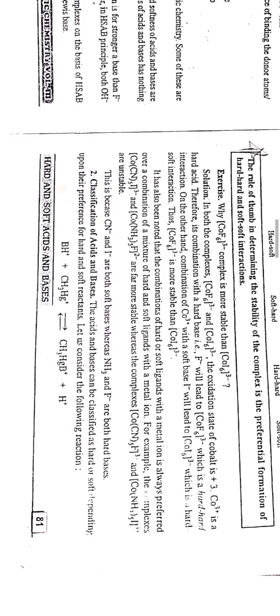This is because CN⁻ and I⁻ are both soft bases, whereas NH3 and F⁻ are both hard bases. Number 2. Classification of acids and bases. The acid and base can be classified as hard or soft depending upon their preference for hard and soft reactants.